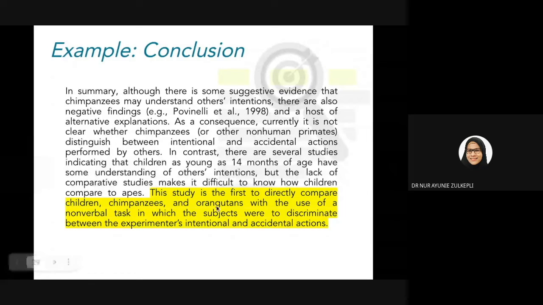Like this, for example: this study is the first to directly compare blah blah blah. So the author knows that this study is actually the first to practice this type of design. That is going to be your closing sentence for your conclusion.